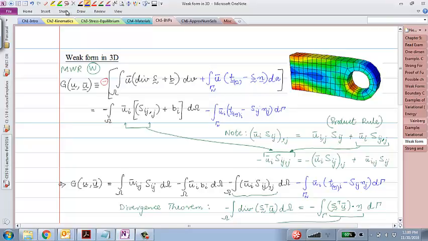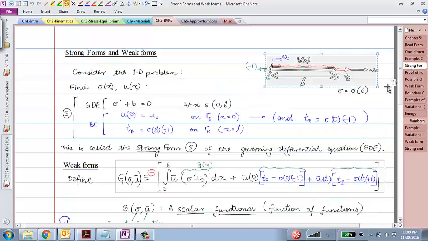Okay. So this is very similar to what we did for the one-dimensional problem. You remember we had the governing equation multiplied by u bar integrated over the length of the bar, plus u bar at 0, boundary condition at 0, and later on we set u bar at 0 equal to 0, where the boundary was fixed, so we got rid of this entire term, correct?